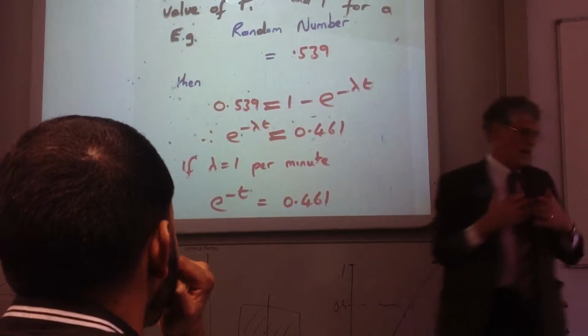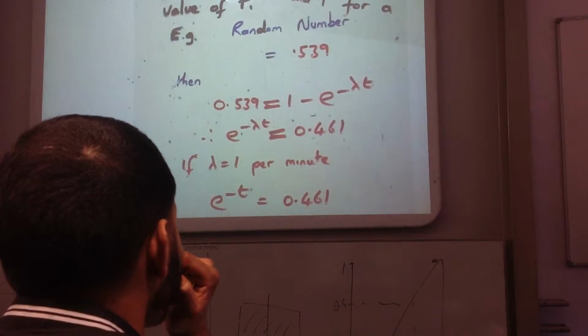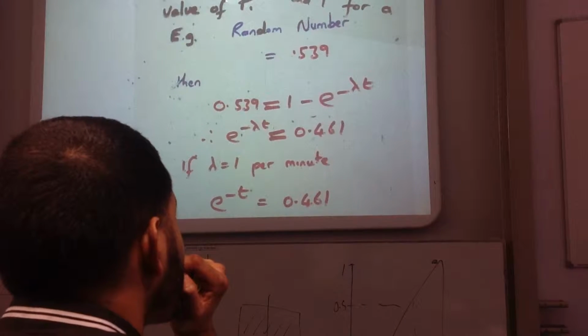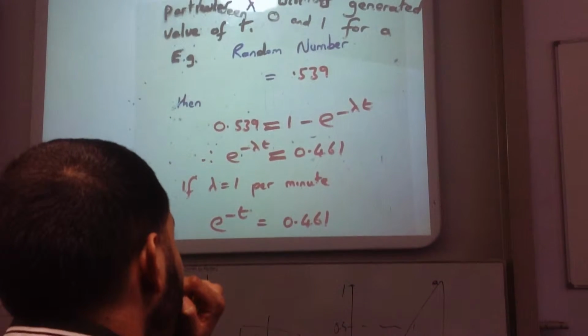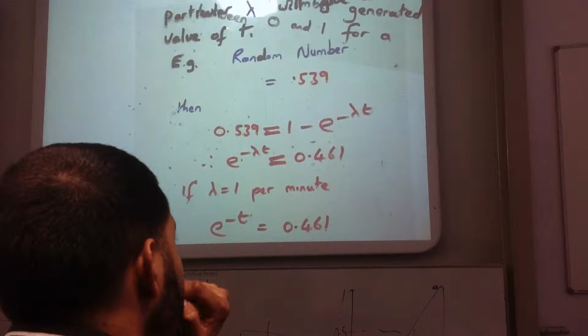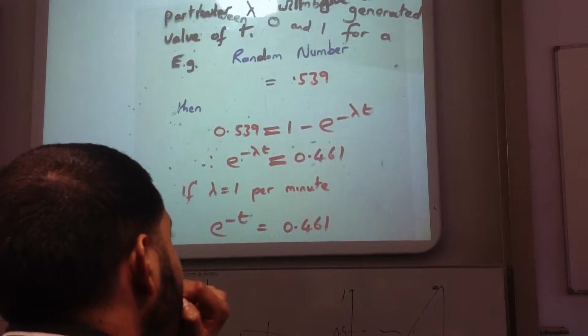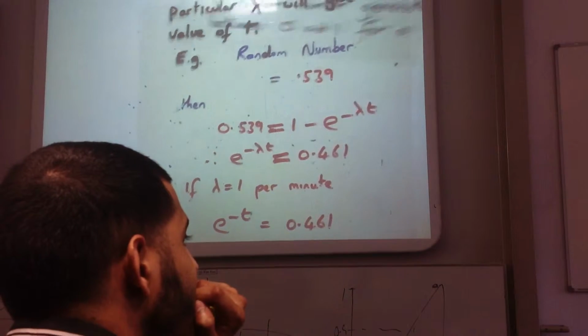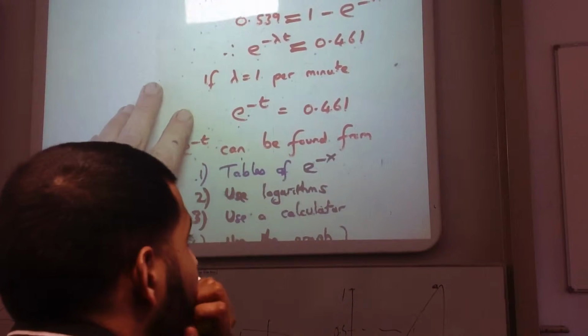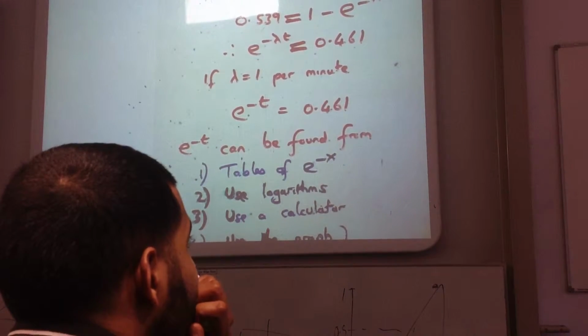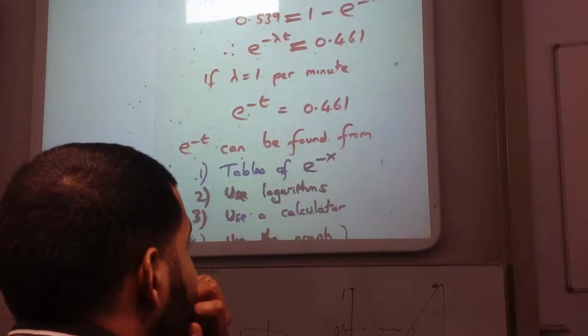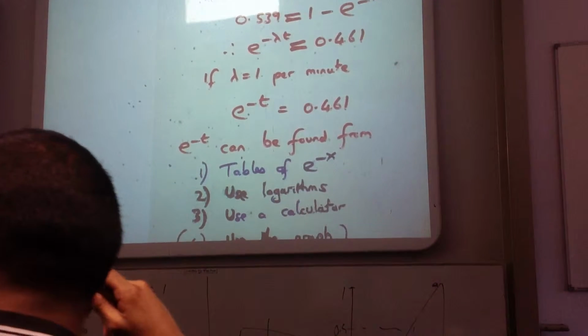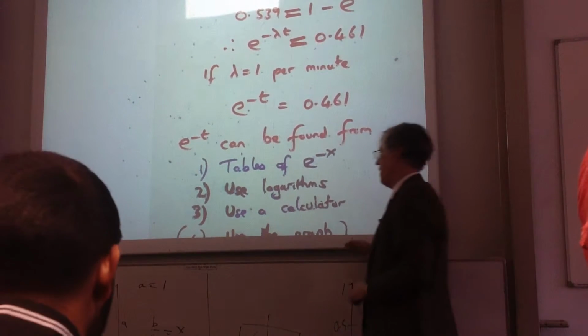Now we're left with, how do we get from that to the value of t? And there are 4 ways of doing it. One is, we could use tables of e to the minus x, if we have them available. And obviously if you needed them in the exam, they would be available. You could use logarithms to do that, and I'll explain that in a minute.